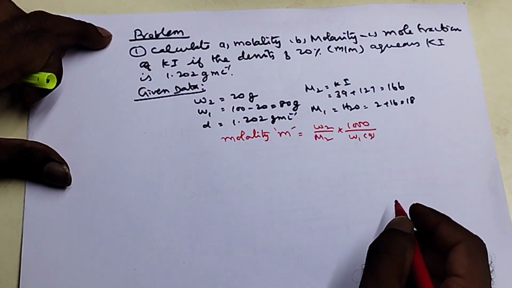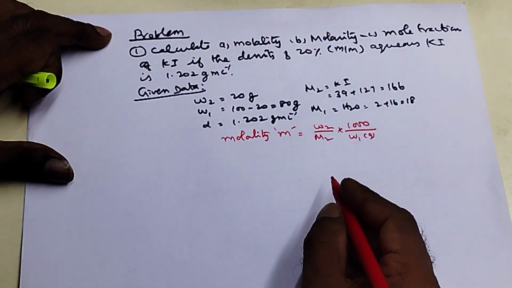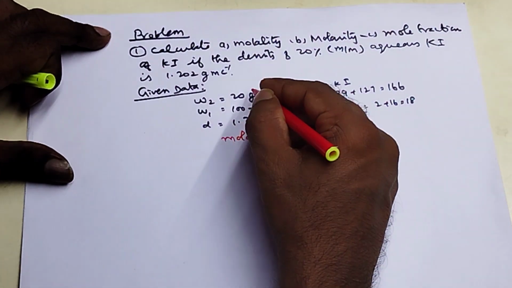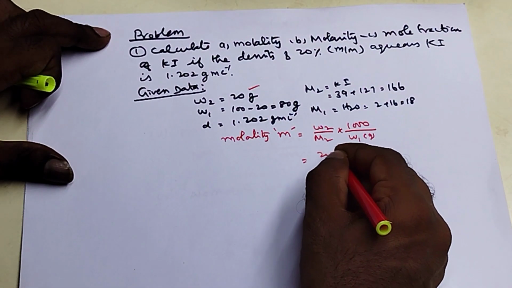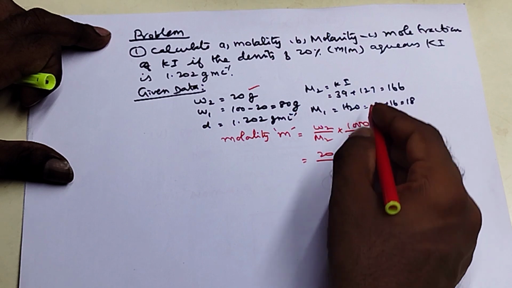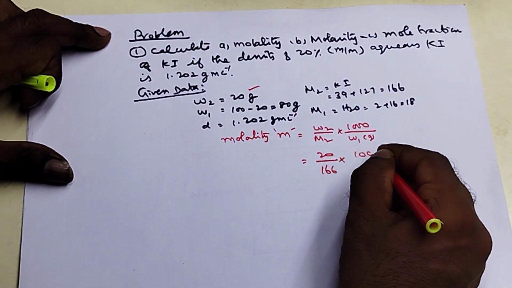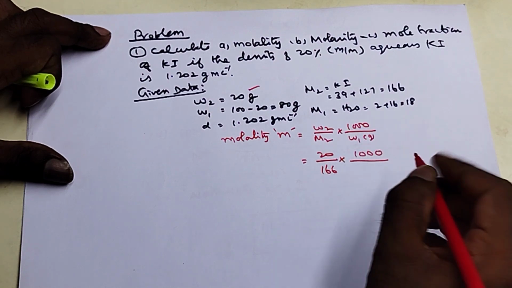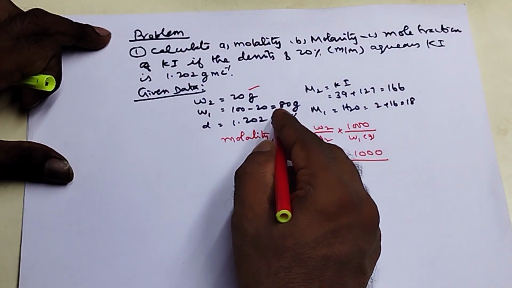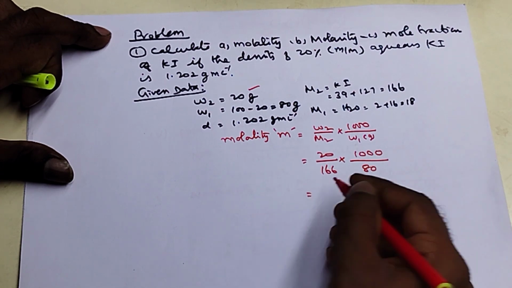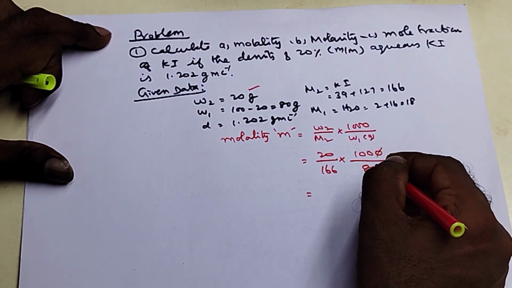This is the formula for calculating molality. Here W2 is 20 and the molar mass of solute is 166, into 1000 divided by W1, which is 80 grams. Just cancel the zeros.